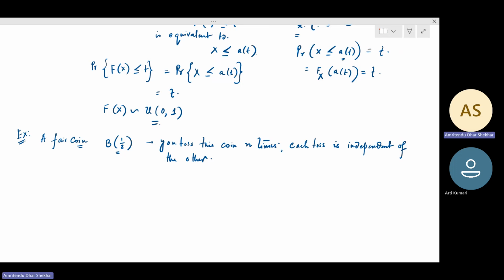Okay. Now you do this sort of translation as follows.